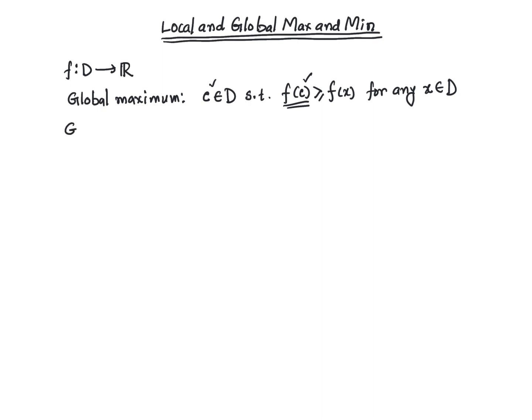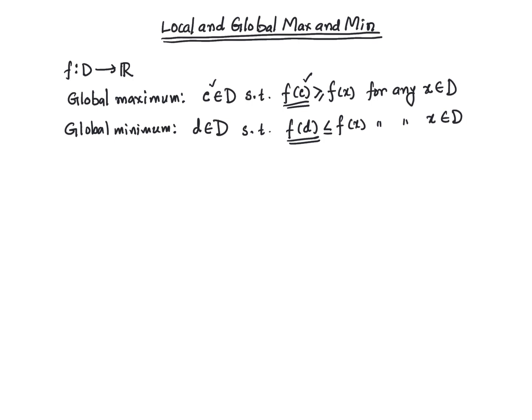Now similarly, we are going to define global minimum. Let's say D is some point in the domain of the function f, uppercase D, such that f of D is less than or equal to f of x for any x that is an element of D. If that is the case, we say that f of D is the global minimum.